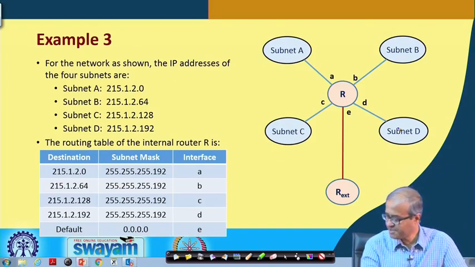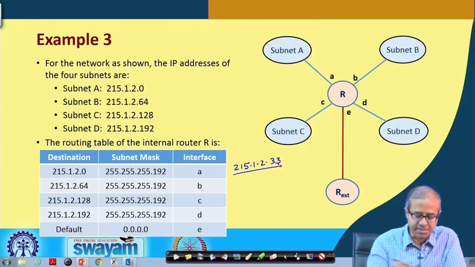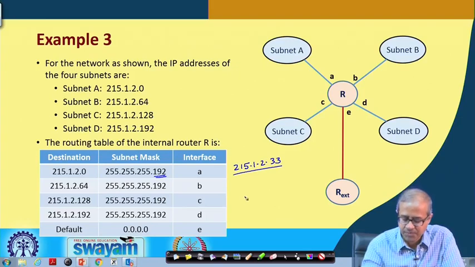The first IP address which is coming has the address 215.1.2.33. Let us make a check in this routing table one by one. The subnet mask of all of them is 192 in the last byte. What is 192? The first 2 bits are 1, the rest are all 0.